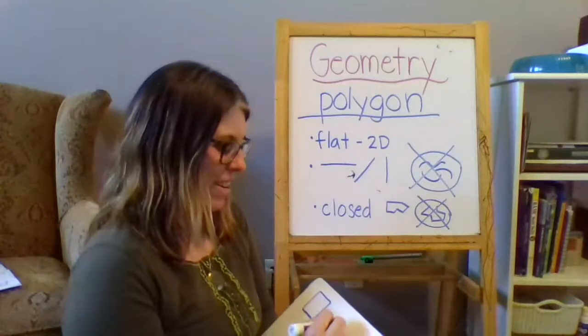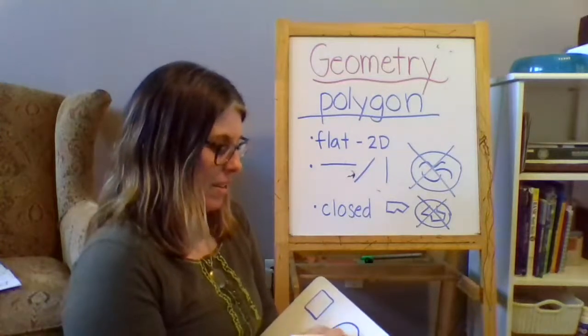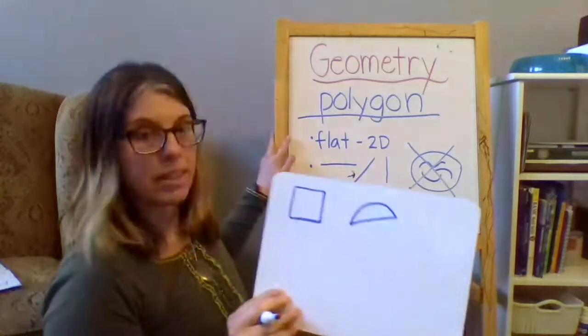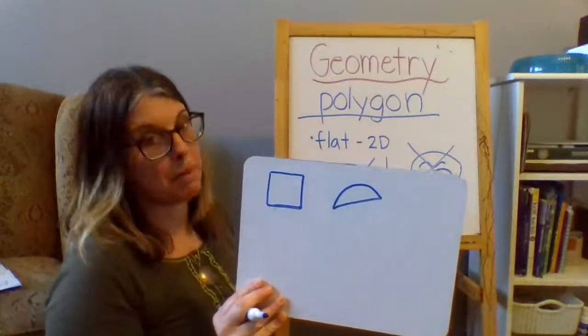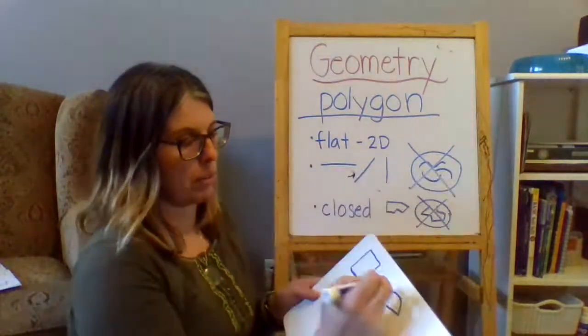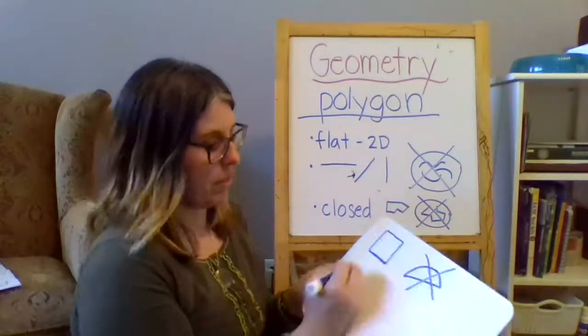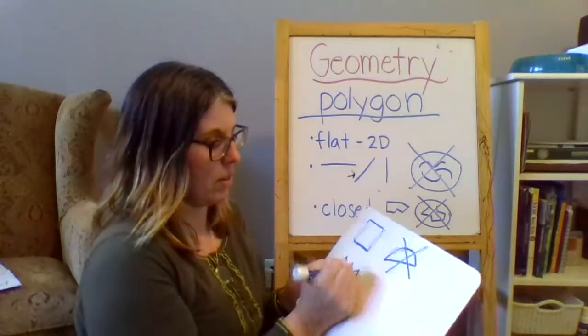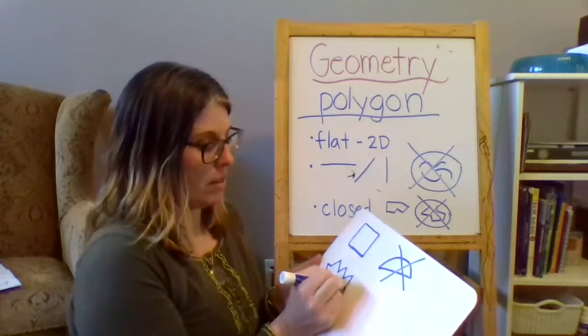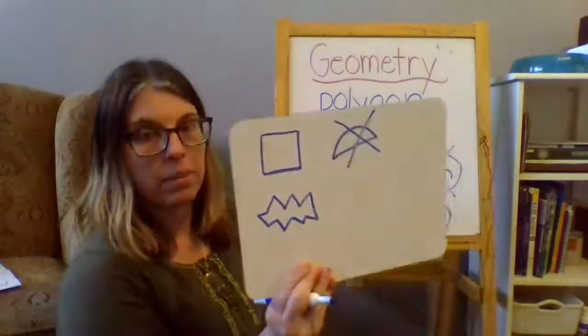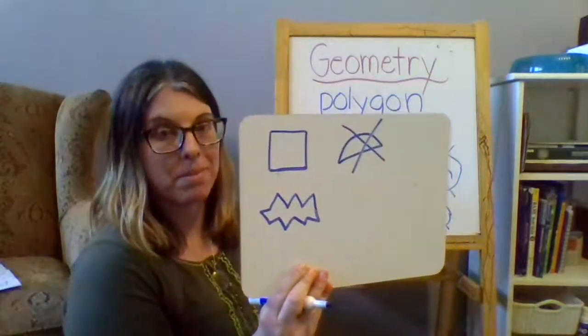Okay, here's another one. Is it flat? Does it have straight lines? Can it be a polygon? No. Okay. Let me do another. Is it flat? Does it have straight lines?